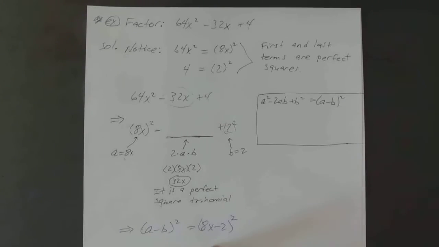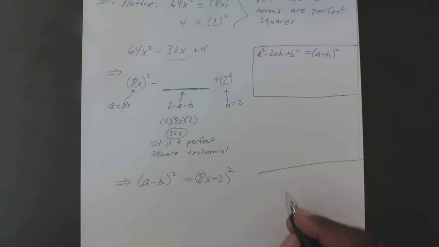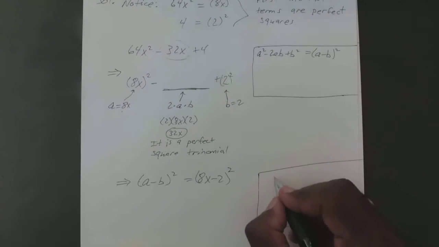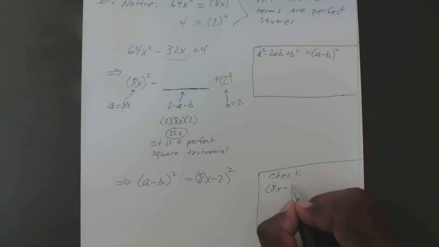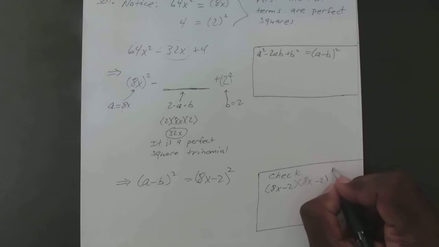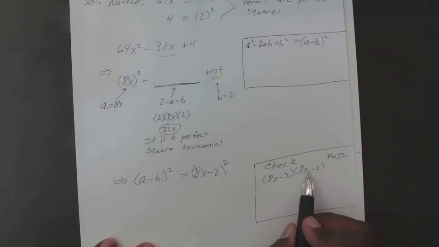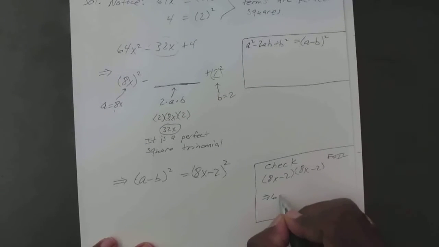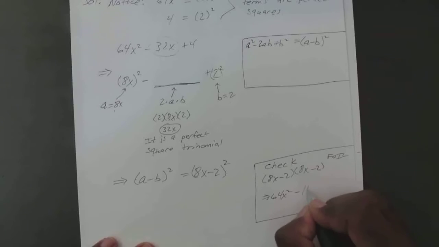Okay. You can always double check your answer by just, move that up a little bit. 8x minus 2 squared is 8x minus 2 times 8x minus 2. And you just do the FOIL method. Okay, so your first 8x times 8x is 64x squared. Your outer is 8x times negative 2, which is negative 16x.